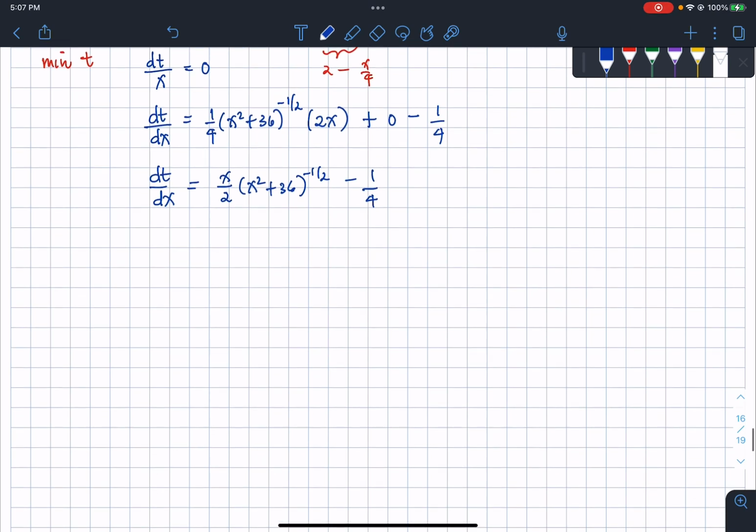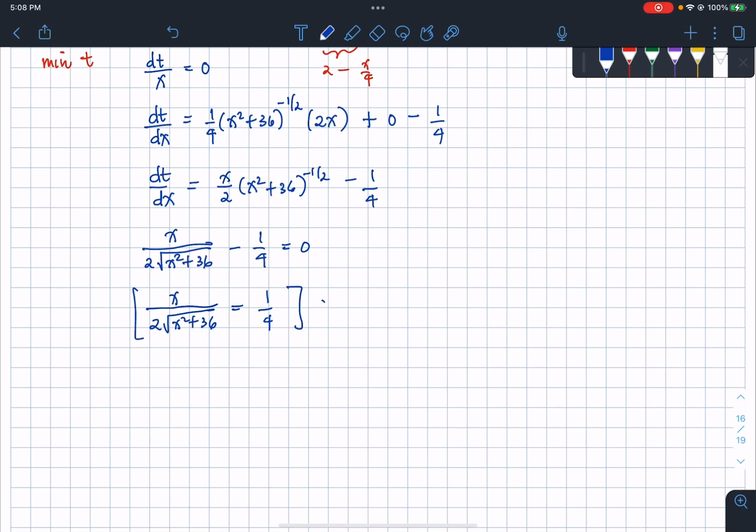Then we equate this one to 0. x all over 2, then the square root of x squared plus 36, so bring it down to make it positive, and then minus 1/4 is equal to 0. So we have x all over 2 the square root of x squared plus 36, so we transpose it, make it 1/4, and multiply everything by 2.